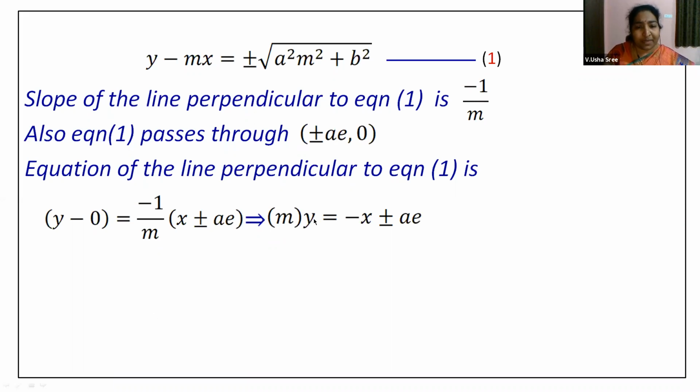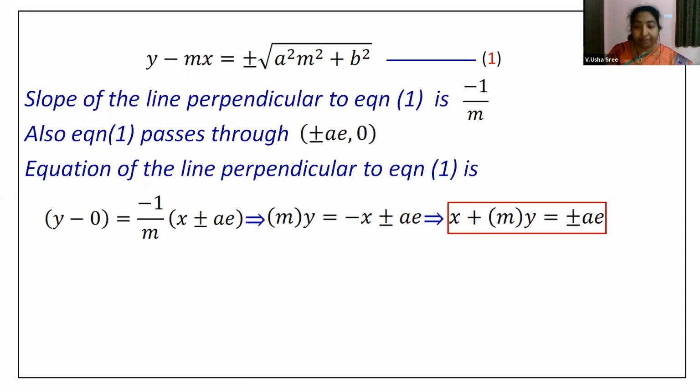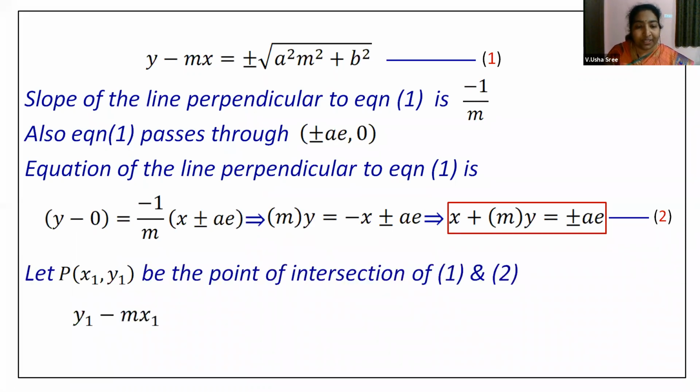So go for cross multiplication. m into y is equal to minus x plus or minus ae, or you can rearrange it as x plus m into y is equal to plus or minus ae. We will call this equation number 2. Now, let x1 comma y1 be a point of intersection of equations 1 and 2, children.